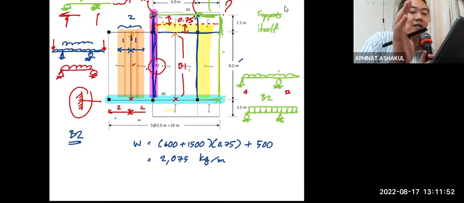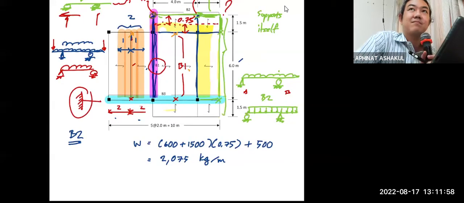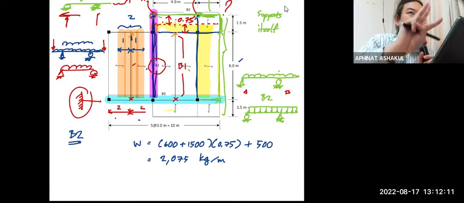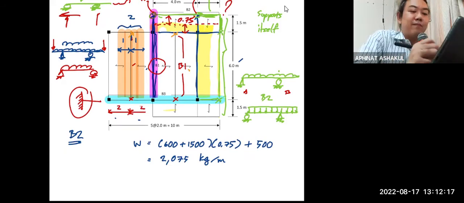So actually, before you could write the free body diagram of this B3, you need to calculate this beam to know the reaction of this beam, to put on your B3. So B3, we have 3 point loads. 2 from B1 and then 1 from another beam that we don't even name.